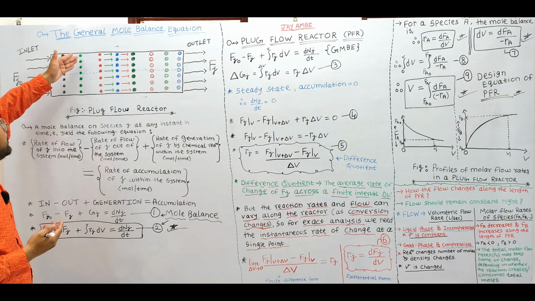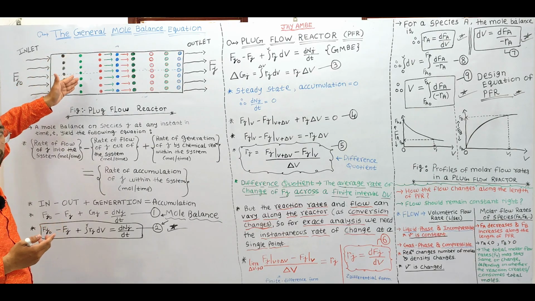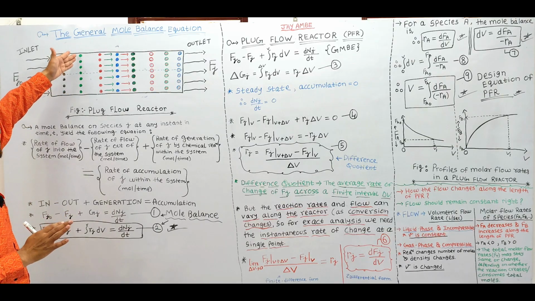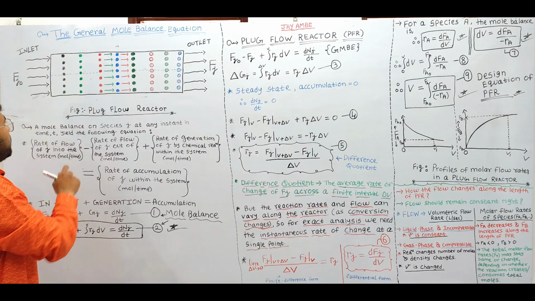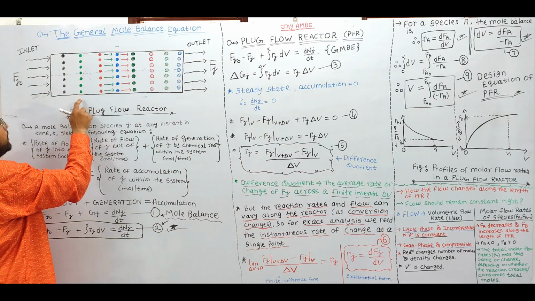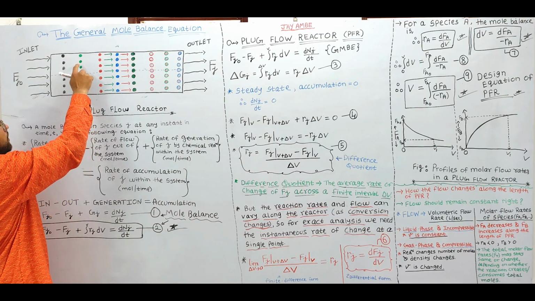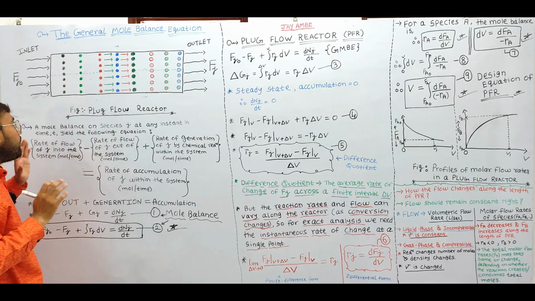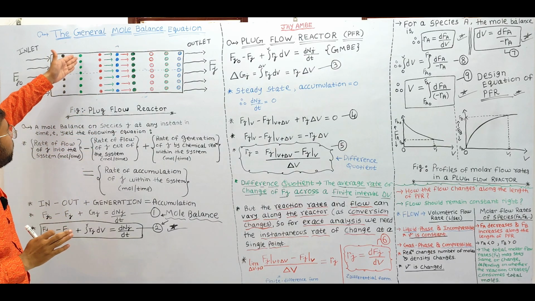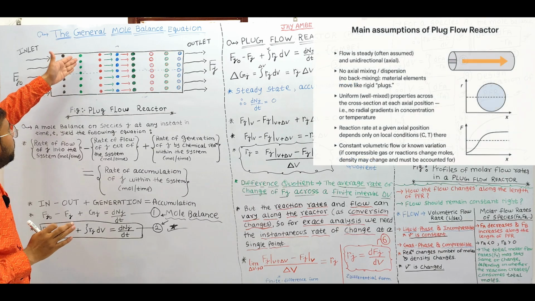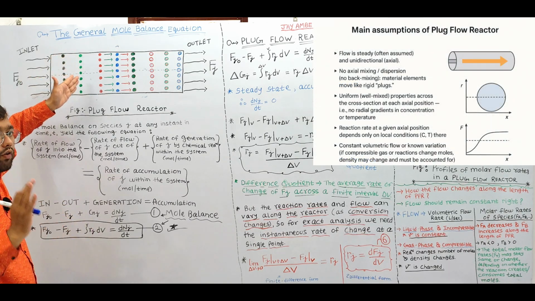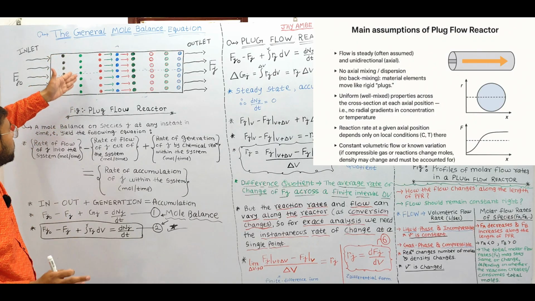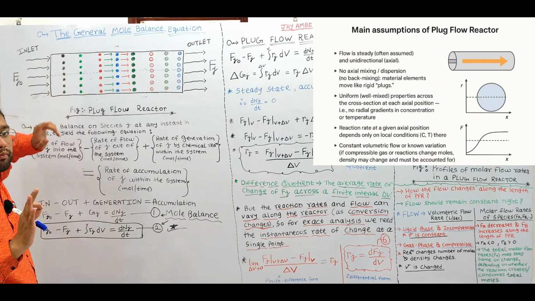So there will be radial mixing in the idealized plug flow reactor. Due to the uniform radial mixing, at this axial position the concentration, the temperature and the reaction rate will remain constant with this axial position.